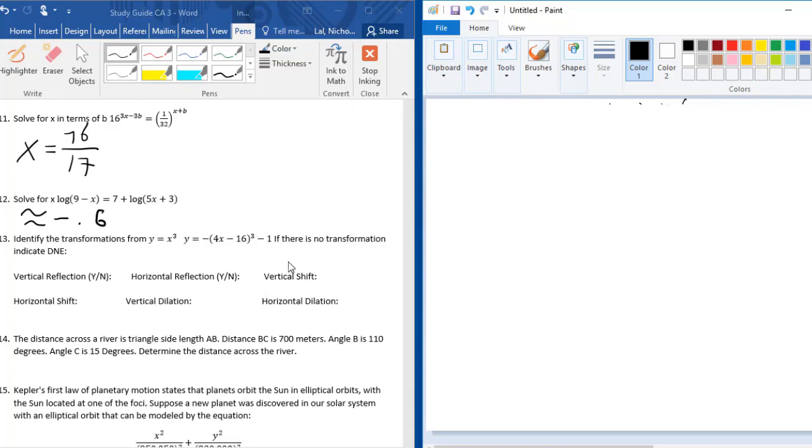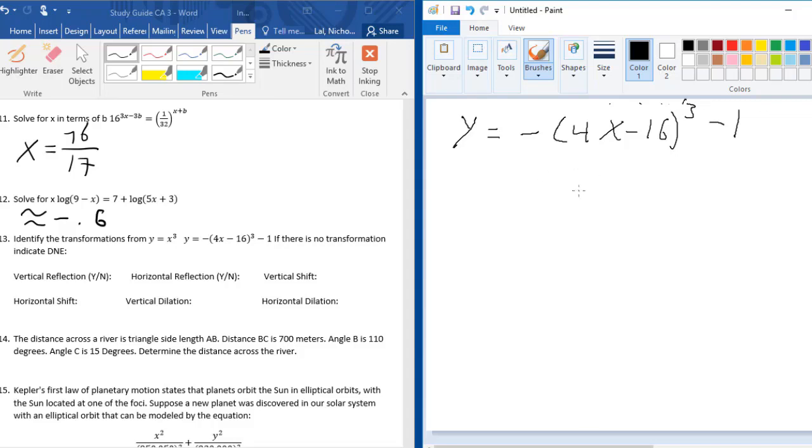Okay. So indicate the transformations of y is equal to, and the parent function is just x cubed, negative 4x minus 16, all in the quantity of that, cubed minus 1. And these are the type of problems where I actually think you confuse yourself by having access to Desmos.